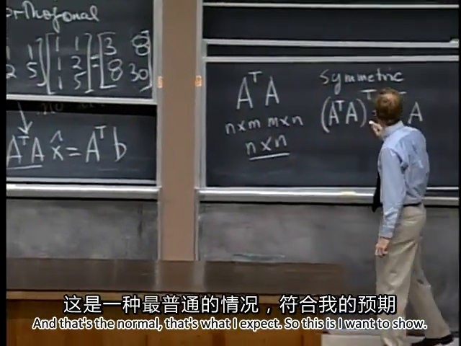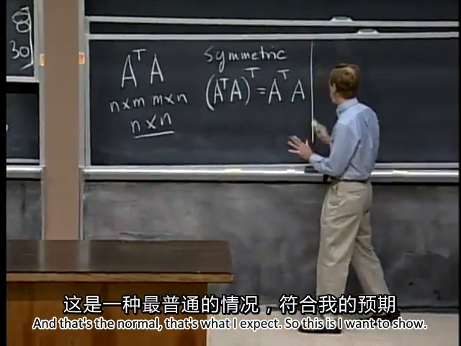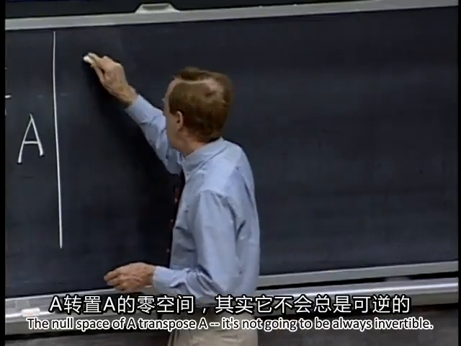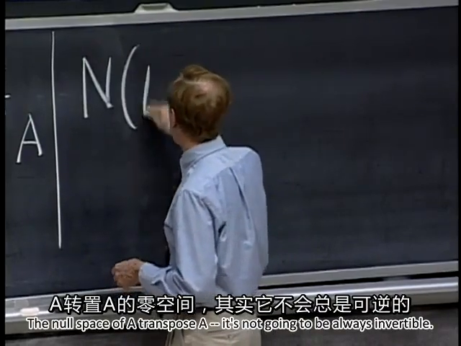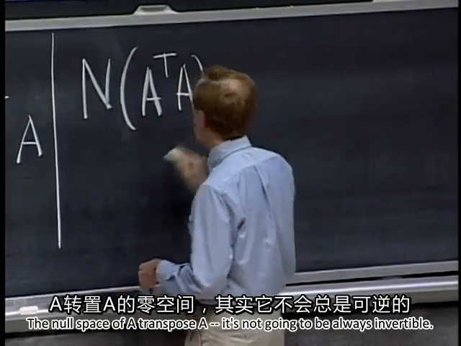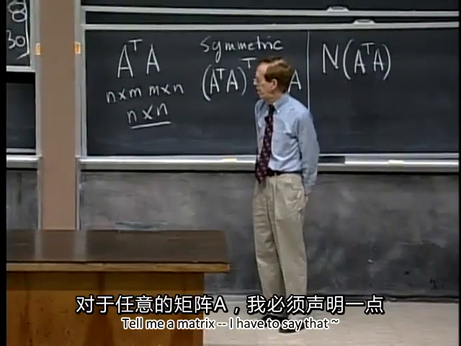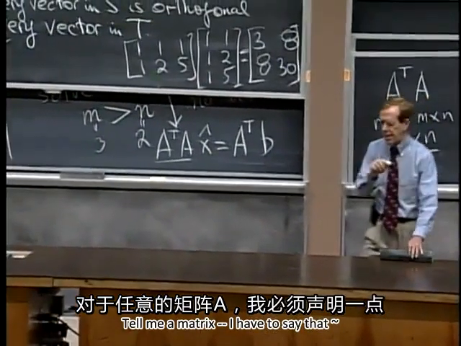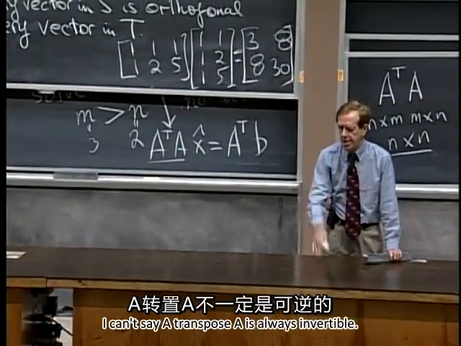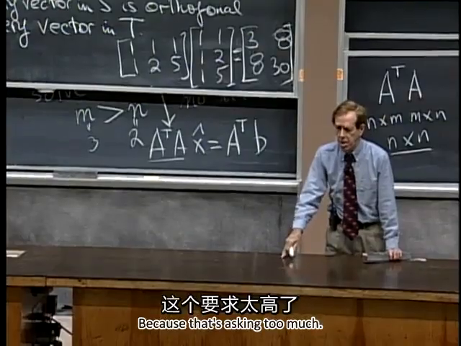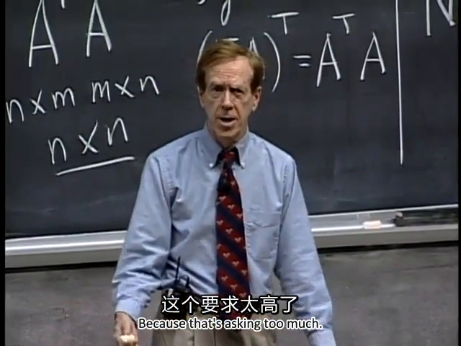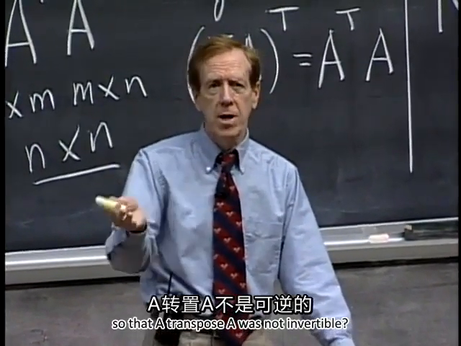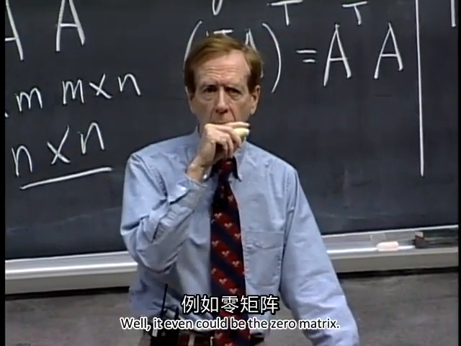So, this is what I want to show. So here's the key point. A transpose A is not going to be always invertible. I can't say A transpose A is always invertible, because that's asking too much. I mean, what could the matrix A be, for example, so that A transpose A was not invertible?